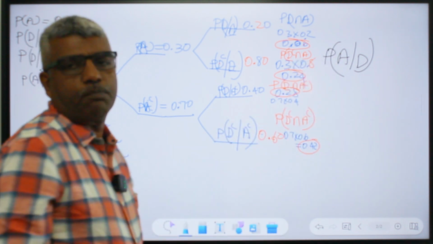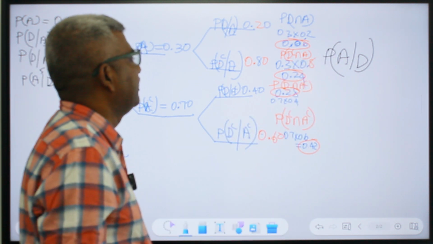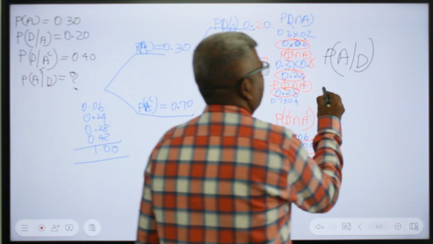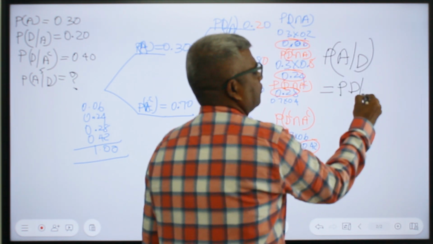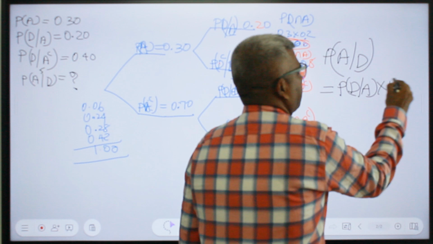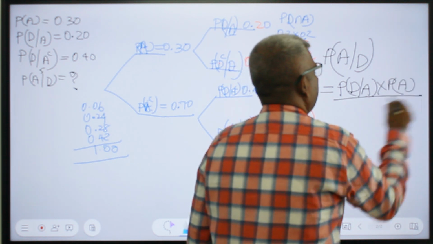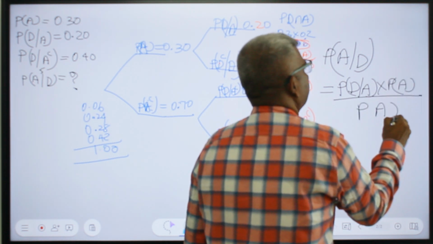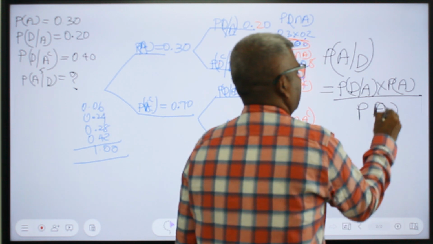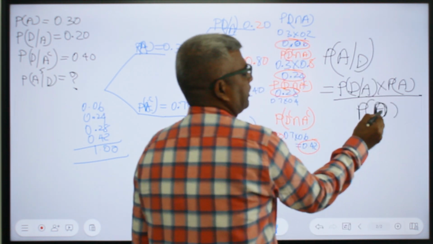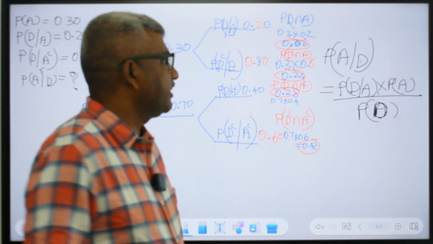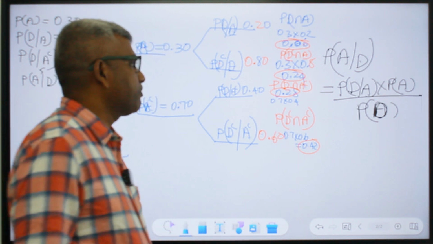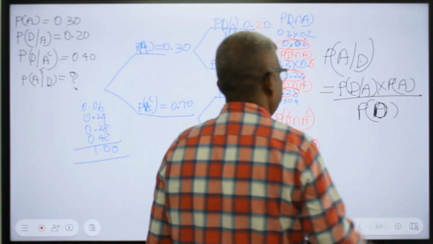Okay, first we will see probability of A given D. What is the Bayes theorem? Very simple. Probability of A given D is, I told you to flip it, probability of D given A times probability of A divided by probability of D. This will come in the denominator.